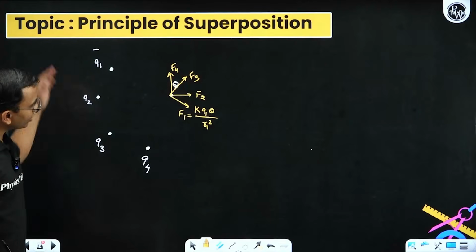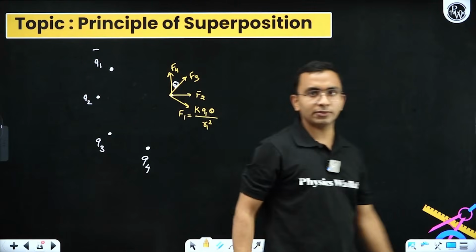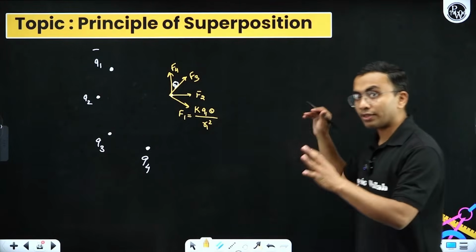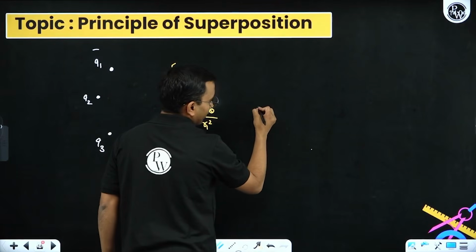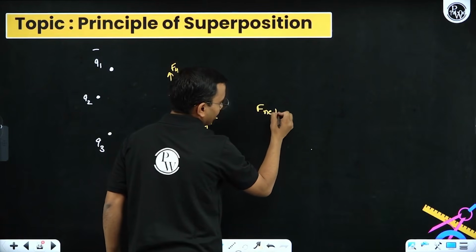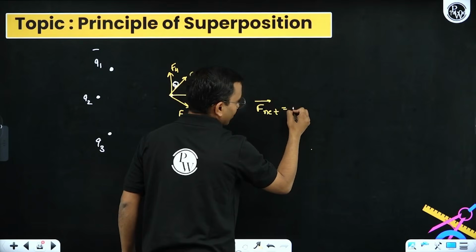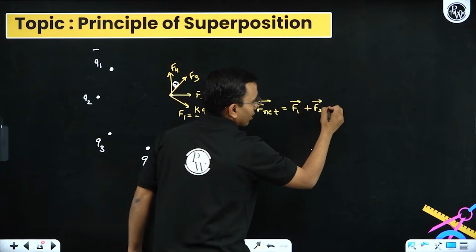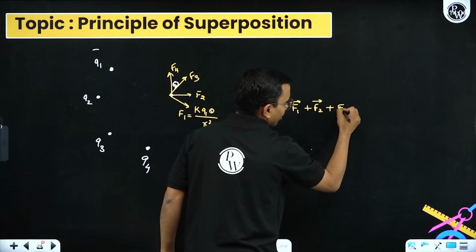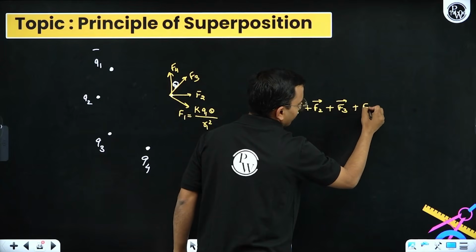Now what is the total force? Take the resultant of the four: F1, F2, F3, F4. You have to take the vector resultant, not just add the magnitudes. So the net force is F1 plus F2 plus F3 plus F4.